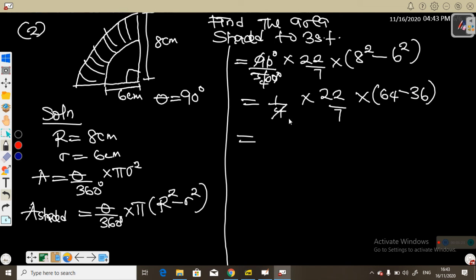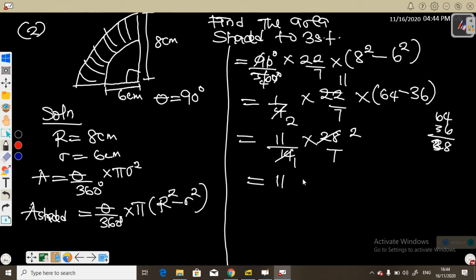Simplifying, 2 in 4 gives 2, 2 in 22 gives 11, so we have 11 over 14 times 28. Cancelling, we have 11 times 2, which is 22 centimeters squared. So the area of the shaded portion of the sector is 22 centimeters squared.